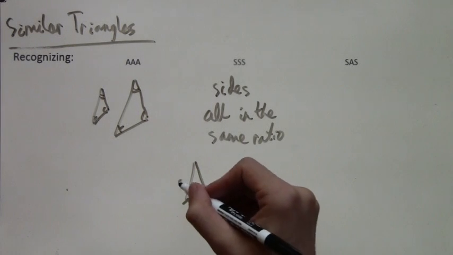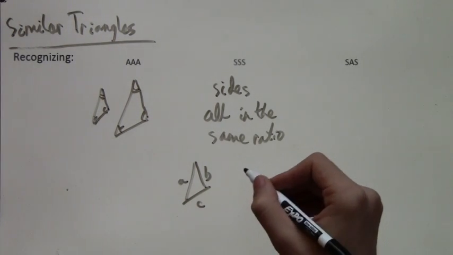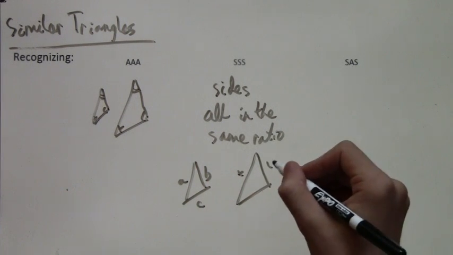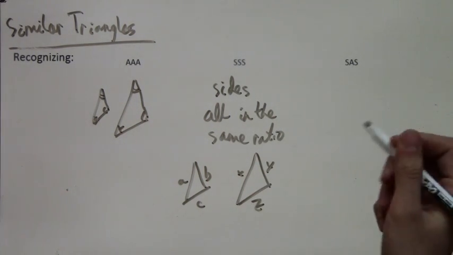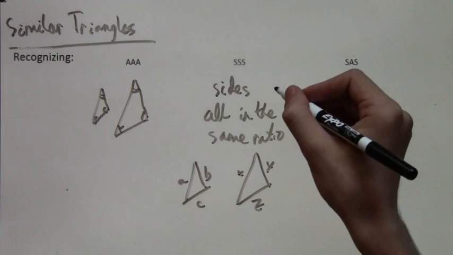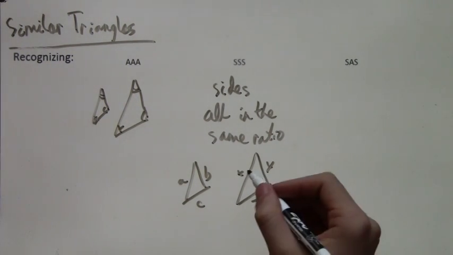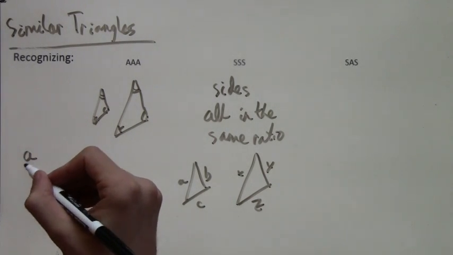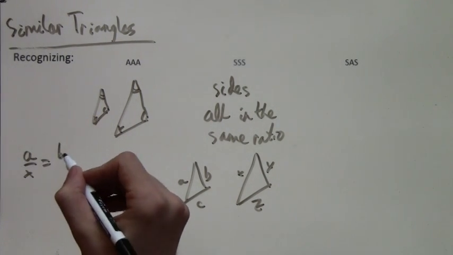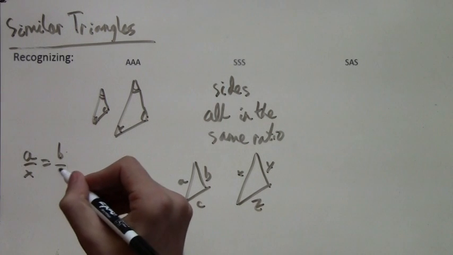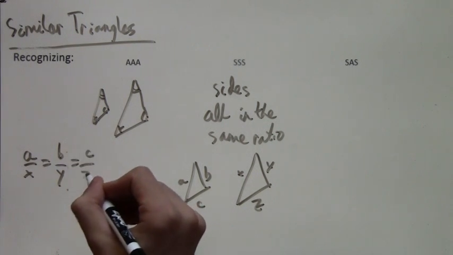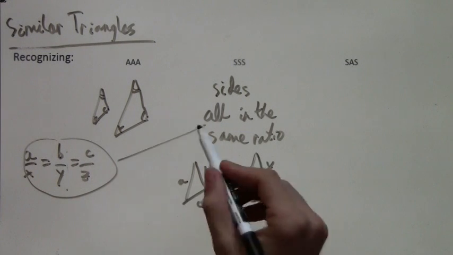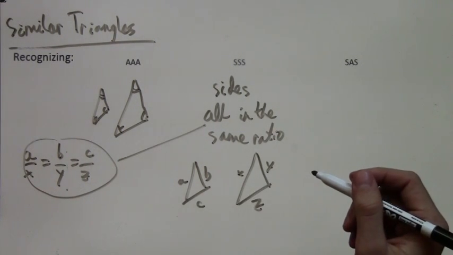If you have one triangle and another triangle, here I've labeled A, B, C, and X, Y, Z. The same ratio means that if you take corresponding sides, like A corresponds to X, the ratio A over X equals the ratio of B to the corresponding Y, or C to the corresponding Z. So this is all of the sides in the same ratio. That's what is meant.